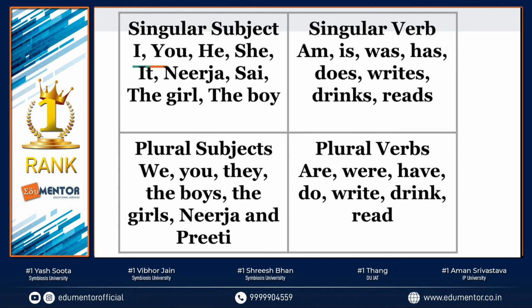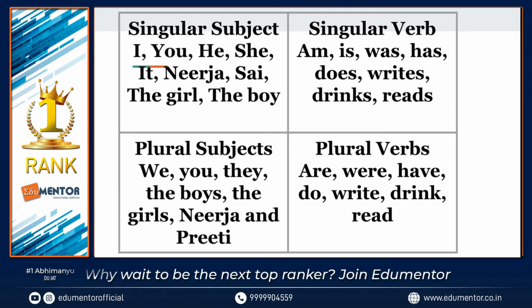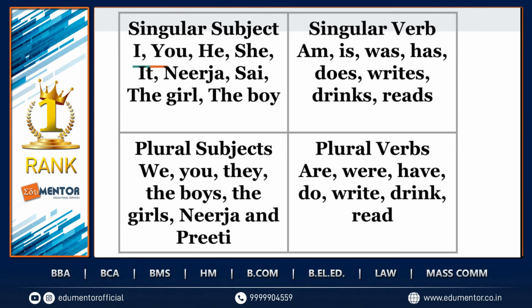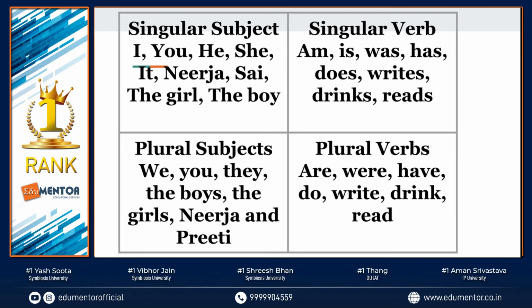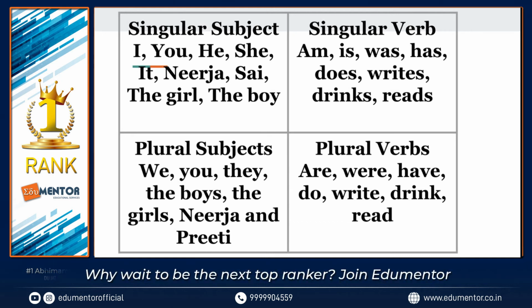And with these singular subjects, you will be using singular verbs like am, is, was, has. But remember, does and goes are singular verbs, all right? Whenever I have a verb plus s, that's a singular verb. So write plus s, that's a singular verb.